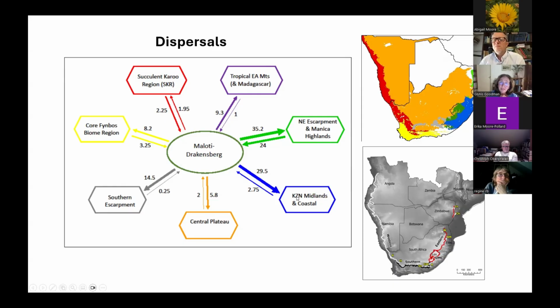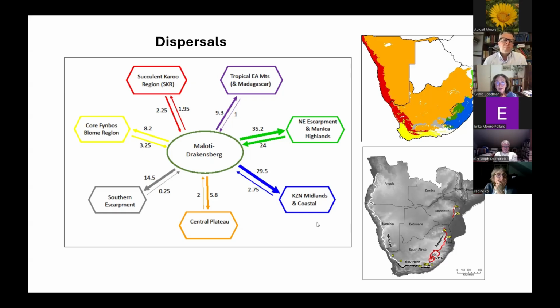The next largest number is down into the Midlands, the KwaZulu-Natal Midlands and coastal, and then to this southern escarpment. But what for me is very interesting is that the number of dispersals coming via the southern escarpment to the Maloti-Drakensberg is minuscule. So it suggests that that is not a common route, well, certainly not in Helichrysum.